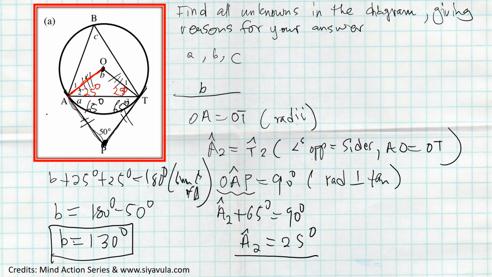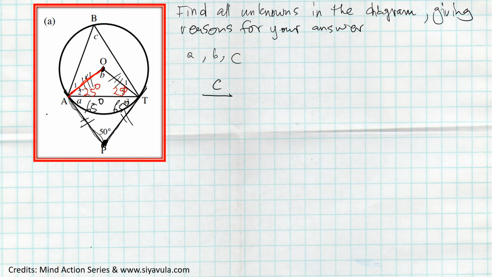Okay. So let's go and solve for our C. To solve for C, it's going to be quite simple because we have our B, which is 130 degrees, if I recall properly. So it's an angle at the center. What do we know?